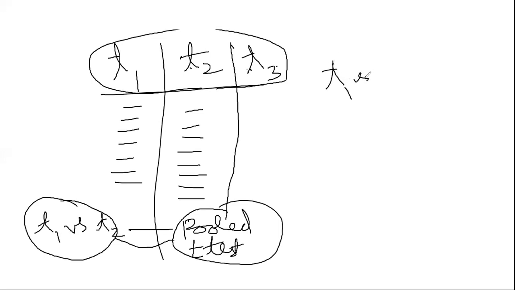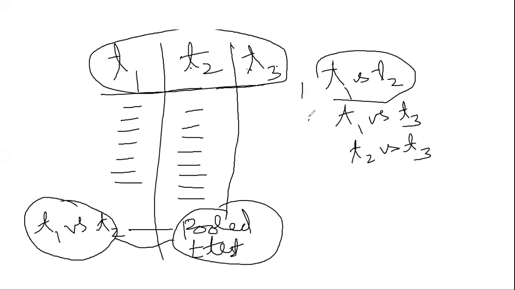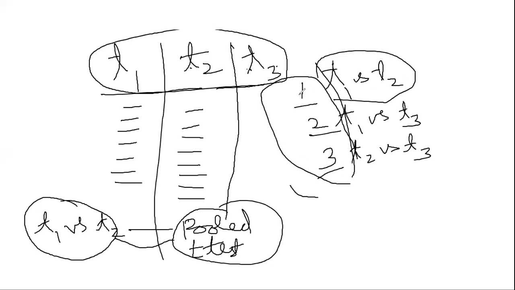T1 versus T2, T1 versus T3, T2 versus T3. So 1 time, 2 times, and 3 times. We'll have to do this pooled t-test 3 times. So rather than doing the pooled t-test 3 times, we are performing the analysis of variance, right?